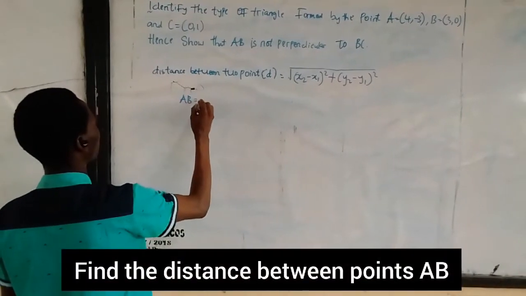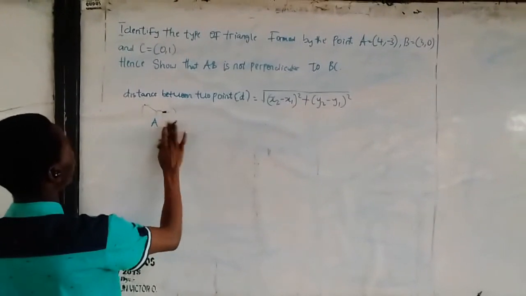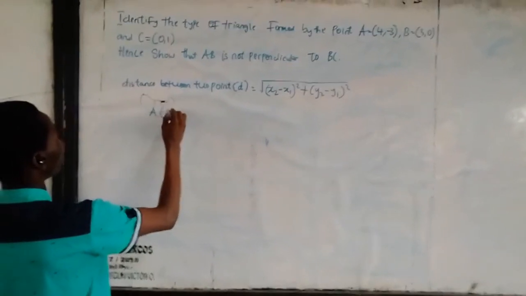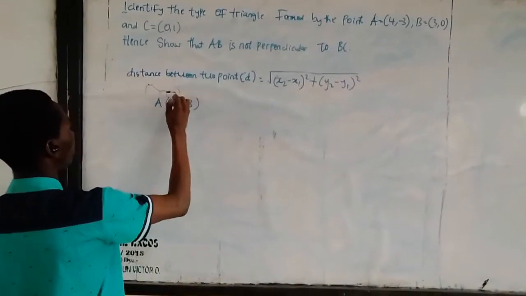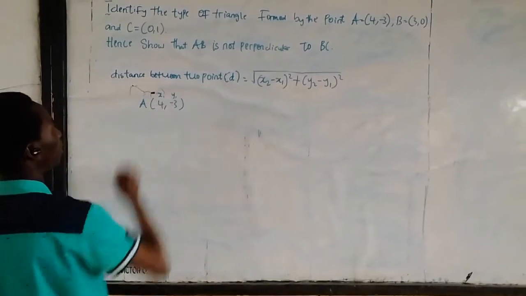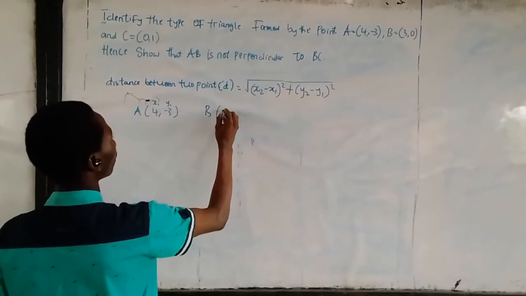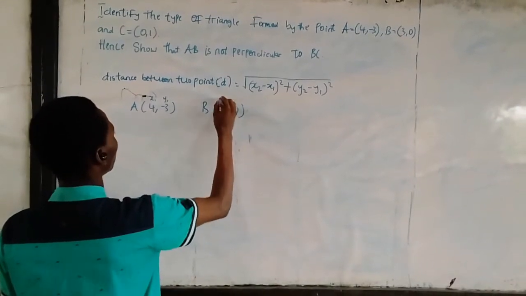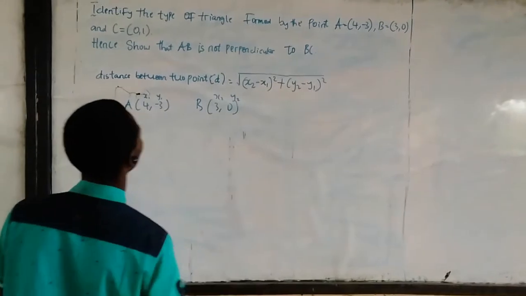The distance between points A and B. Our A is at the coordinate 4, -3. This is our x1, y1. For our B, 3, 0. This is our x2, and this is our y2.